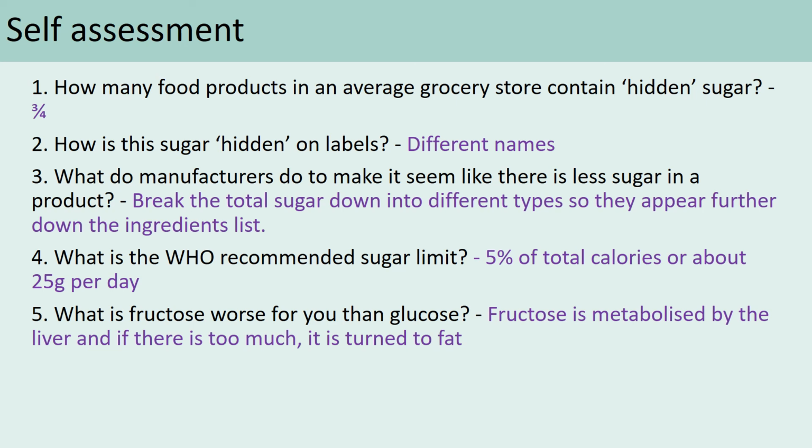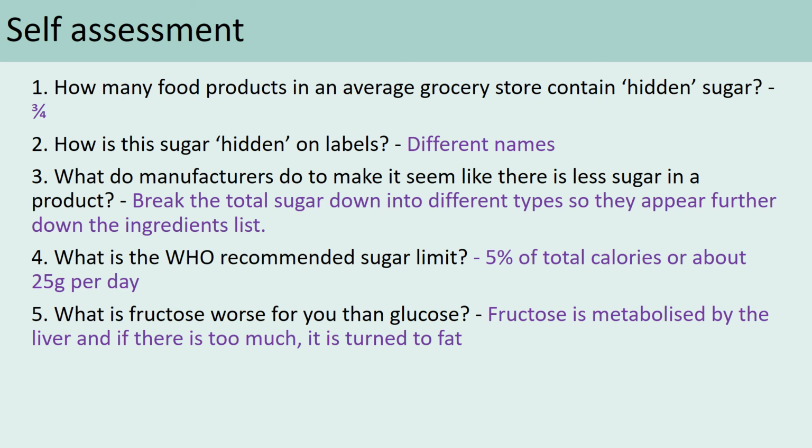Number 5, why is fructose worse for you than glucose? The reason for that is fructose is metabolized by the liver, and if there's too much, it's turned to fat.